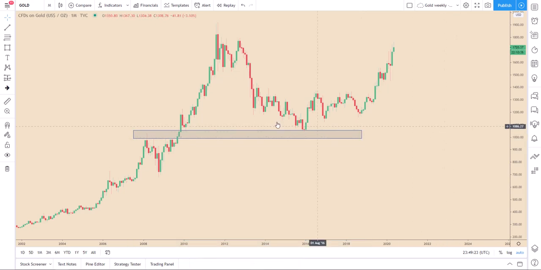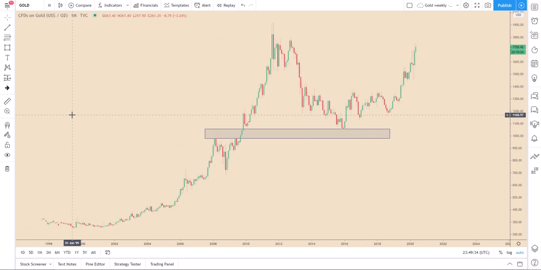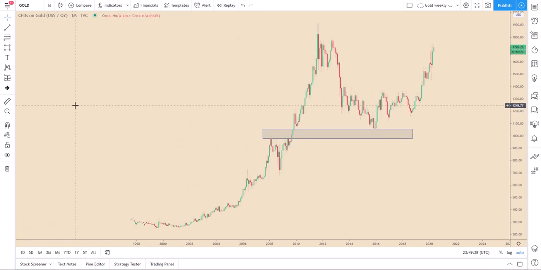The first thing that I notice in this chart is this horizontal support and resistance level, and my eye is drawn to that.